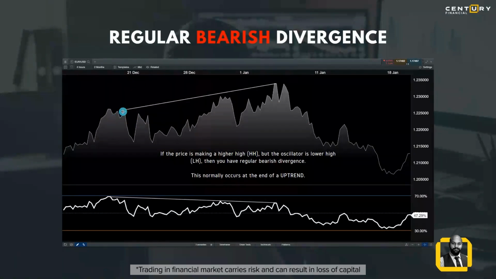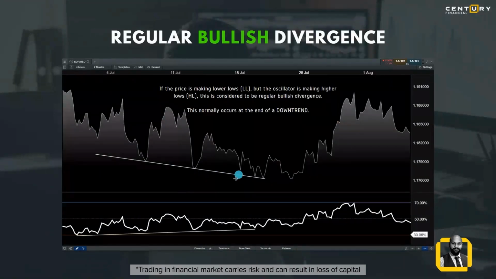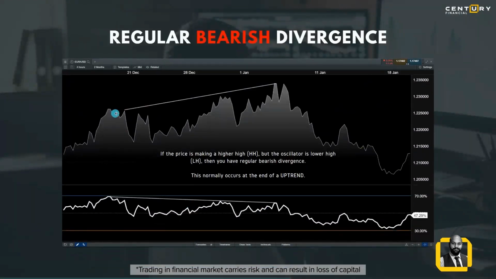In this case, now you see higher highs. The price is making a higher high, but the oscillator, the RSI, is making a lower high. Earlier it was making lower lows and higher lows. Right now, it is making higher highs, meaning the price is shooting up very strongly, but my relative strength index, the index which is showing the strength in the market, is not very strong.